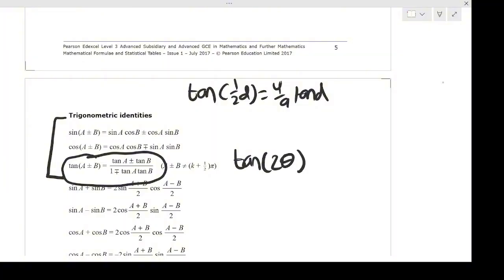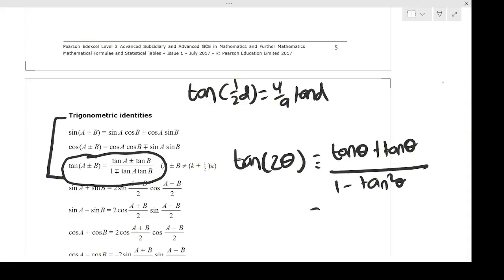A and B are going to be theta. If I substitute that into the formula, tan of 2 theta is going to be tan theta plus tan theta over 1 minus tan squared theta, and that will simplify to 2 tan theta over 1 minus tan squared theta.